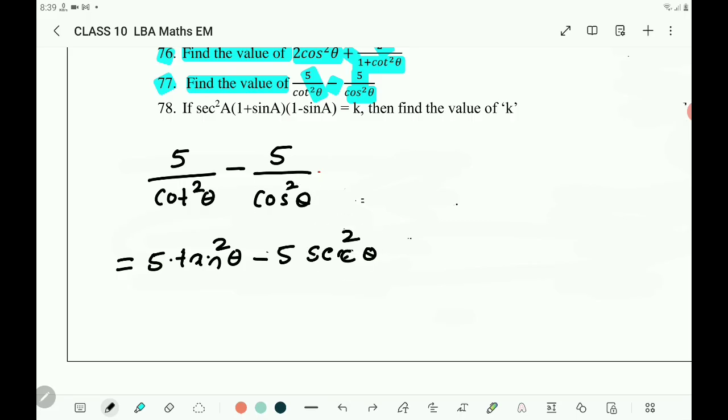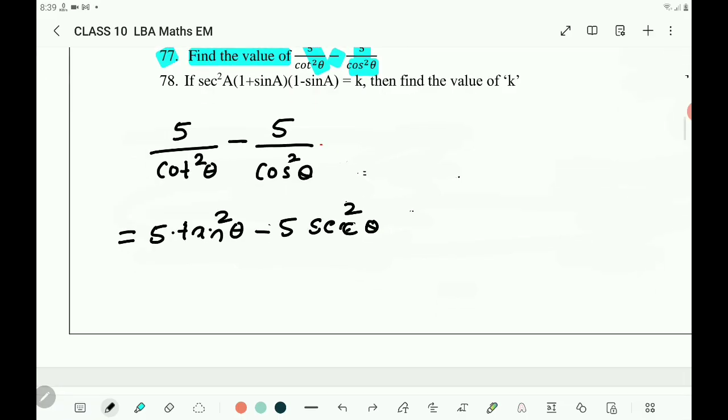So take both to the numerator. So cot becomes tan and cos becomes secant. Now remove 5 common. 5 into tan square theta minus secant square theta.